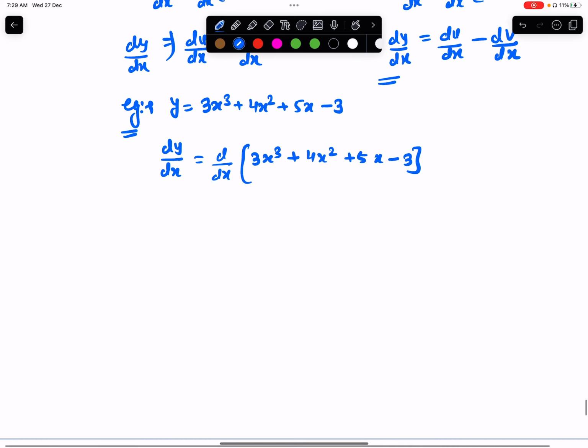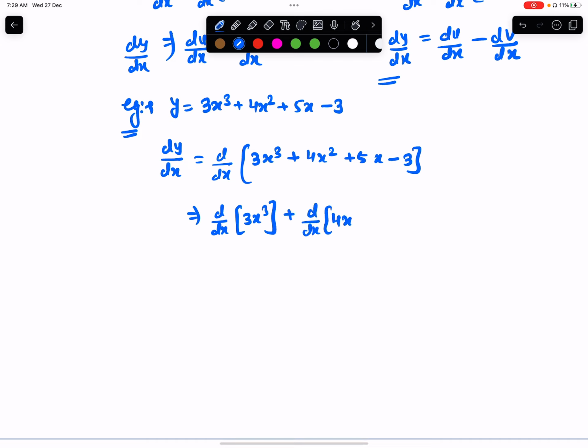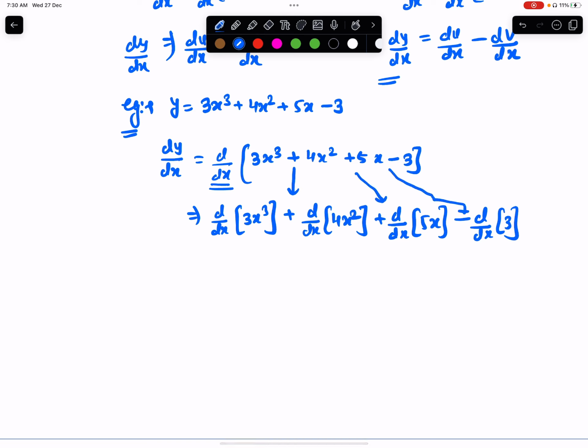What we will do is take the separate derivative of every term: d by dx of 3x cube plus d by dx of 4x square plus d by dx of 5x minus d by dx of 3. Basically we have to differentiate each and every term and take the sign as given. Here we have plus, so we take the plus sign. Here we have plus, we take plus. Here we have a negative sign, so we take the negative sign.